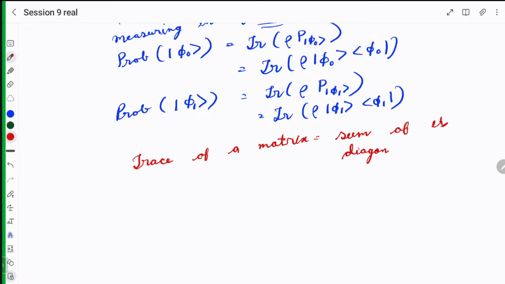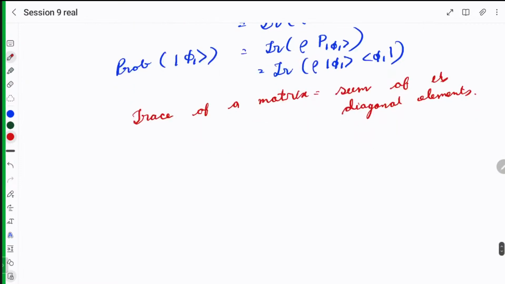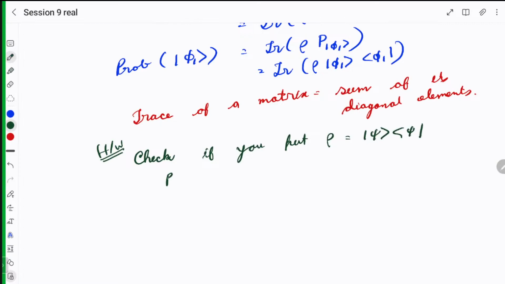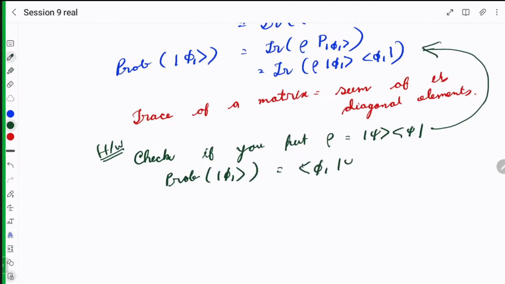All right. And this will be your homework: if you put rho equal to some pure state, let's say psi psi, and put it back in this equation, then you can check that you will recover the Born rule for pure states, which is just the mod of phi 1 psi whole squared.